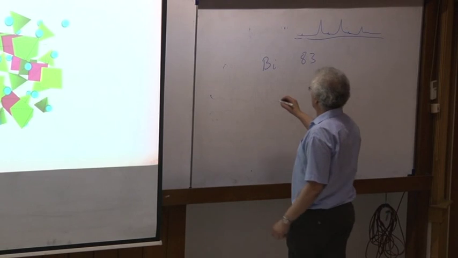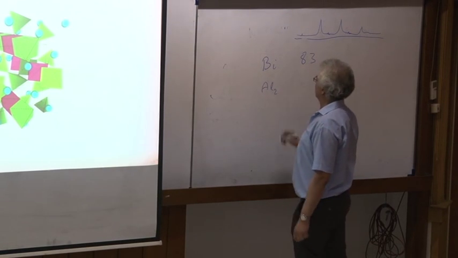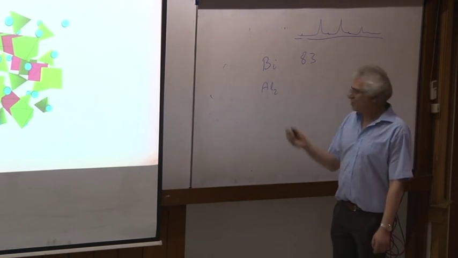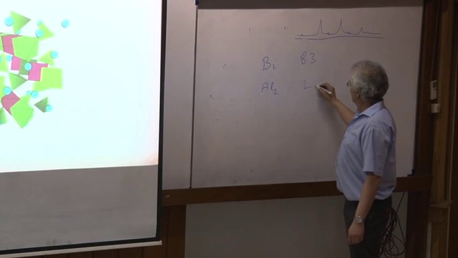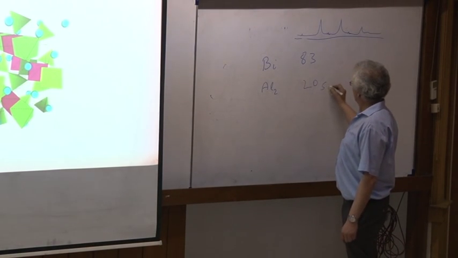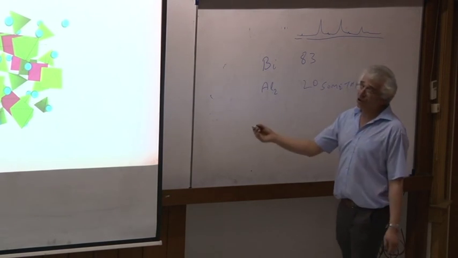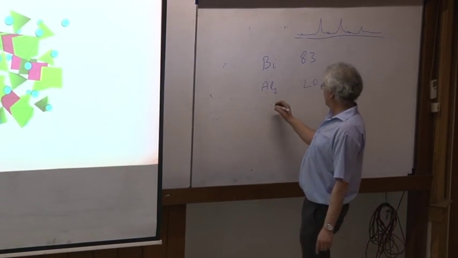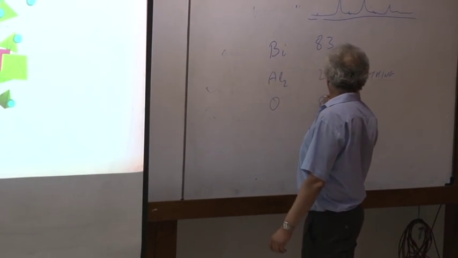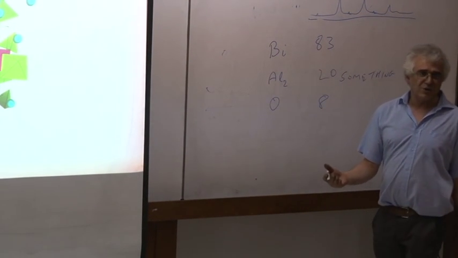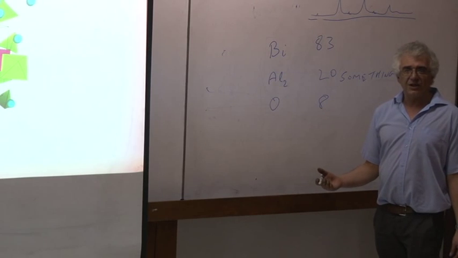You've got aluminium, which is 20 something. And oxygen, which is small, which is what, 8 or something? 8. These are the number of electrons that you can see.